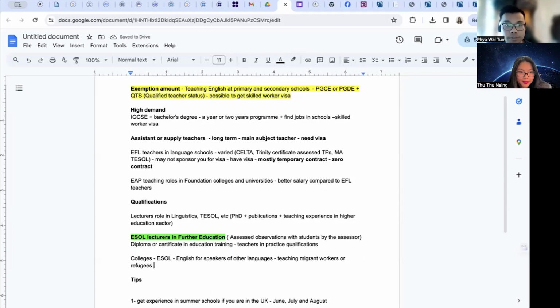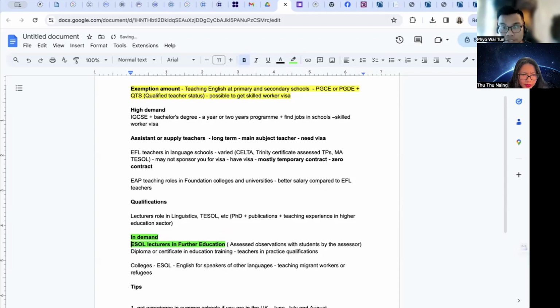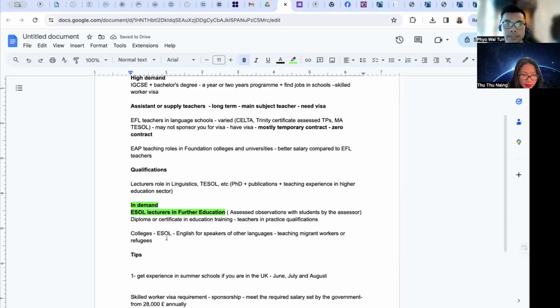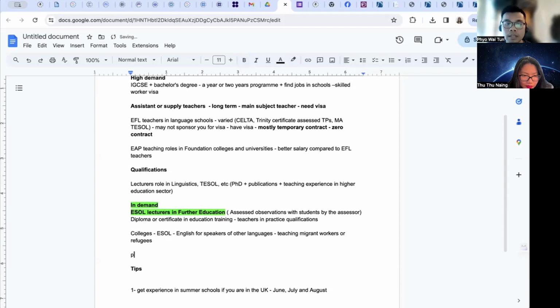and it might be easy to get an ESOL lecturer role in terms of part-time teaching, but it's difficult to get a permanent role. But compared with other teaching positions, the qualifications are flexible.